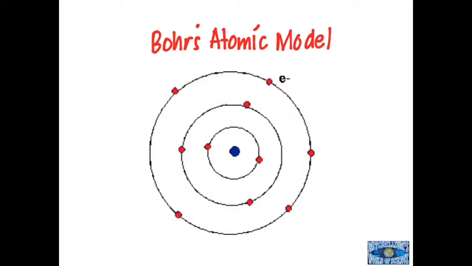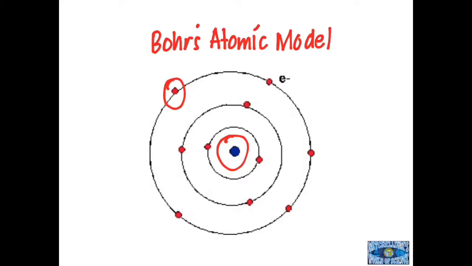Now for J.J. Thomson, he proposed that there are negatively charged particles, which are the electrons, inside a positively charged sphere. And then for Ernest Rutherford, he discovered that there is a condensed particle inside, which is bigger, and he called it the nucleus. And there are negatively charged particles, which are the electrons, that are moving around this nucleus.